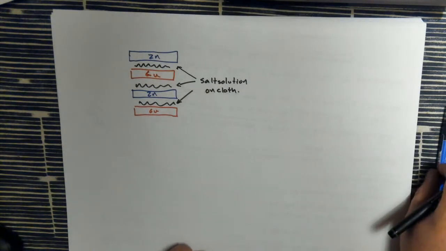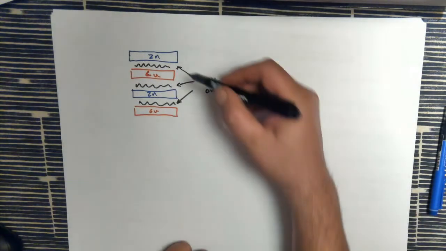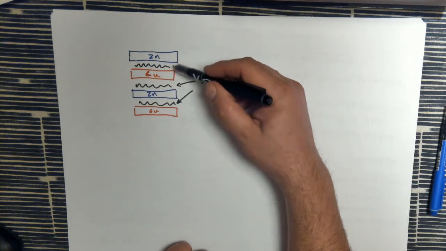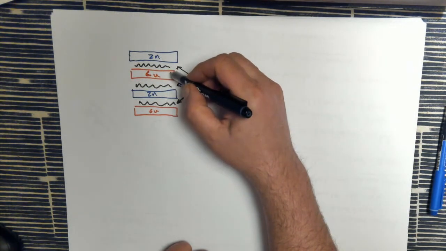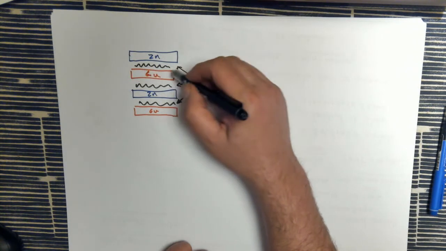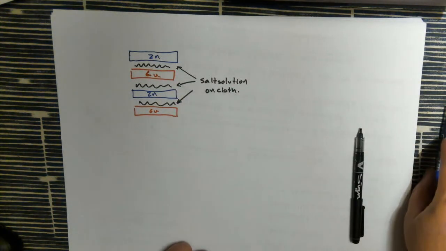And the reason that it's important to talk about this cloth is because there can be no direct contact between the electrodes. Otherwise, the electrons will find the path of least resistance, and there will be what we call a short circuit. There will be no overall circuit.